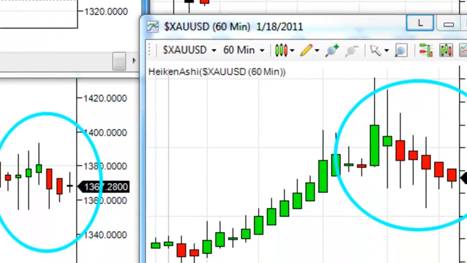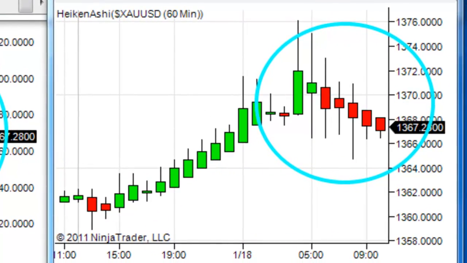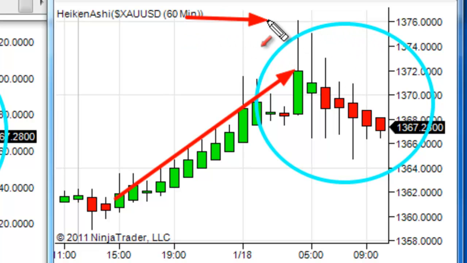As you can see, as the market did go up, we're going to go back to our 60-minute, right down here, the Heikin chart. We had a nice trend, but as that market came up, we did hit resistance, and the resistance that we hit was up around these highs at about 1376.